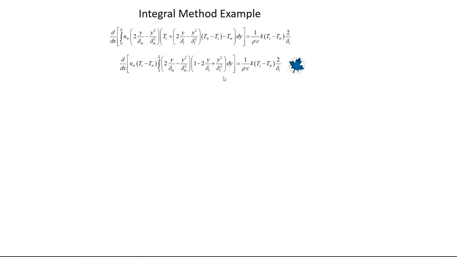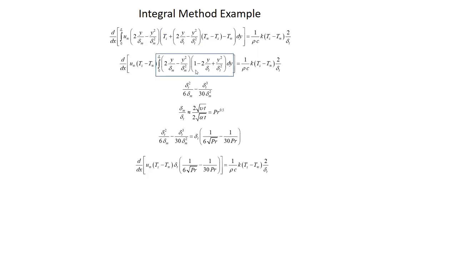So that's what I get when I do that integration. So this integration turns into this parameter right here. If I pull a delta t out of this, all I'm left with is the ratio of delta t over delta m.